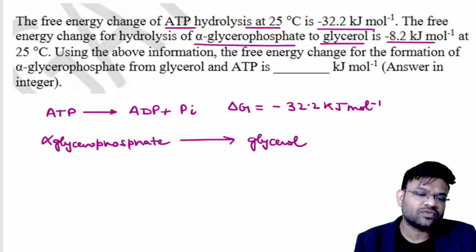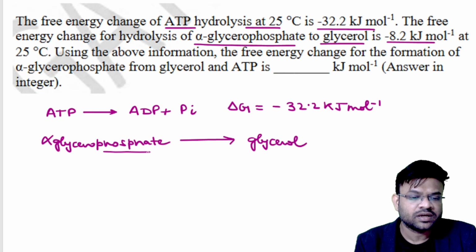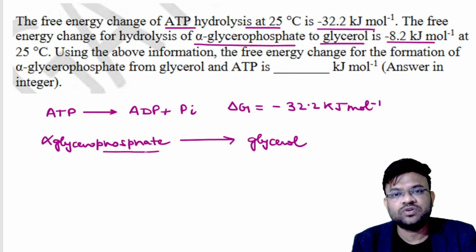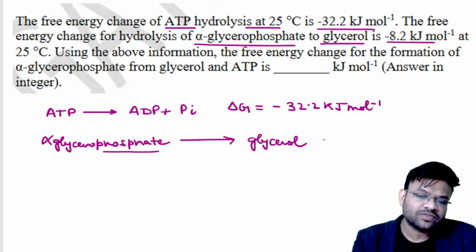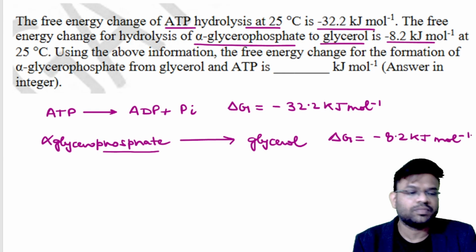You can see that the phosphate group was present over here. Because of the hydrolysis, the phosphate group got removed and we end up with glycerol. The delta G value for this reaction is minus 8.2 kilojoule per mole.